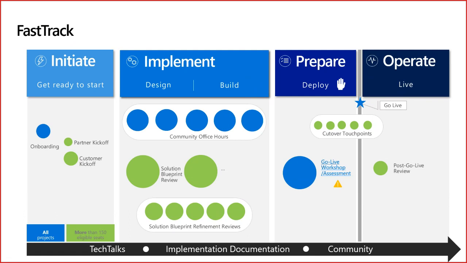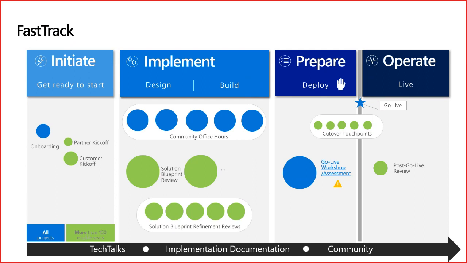Actually, these services are available to all projects. But if the project is above 150 eligible seats, it is also entitled to the service that you can see in green color. And then we give you a more detailed explanation about each one of these services.